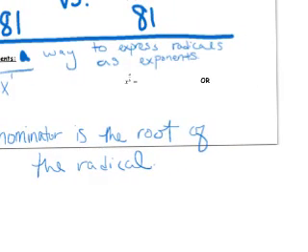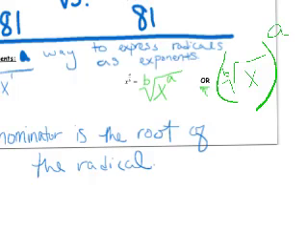So on x raised to the a over b, again, b is the root, and x is being raised to the a power. Notice this word or. It does not matter if you say it's x raised to the a under the root b, or you could say it's b root of x all raised to the a.